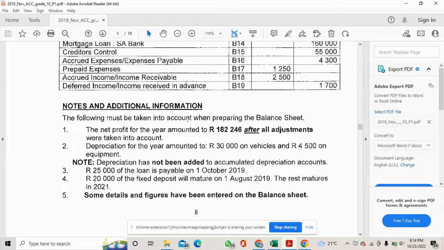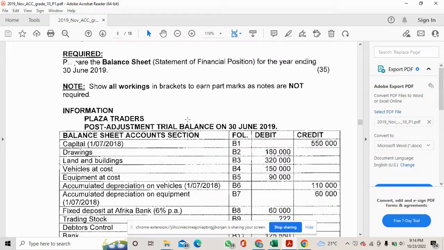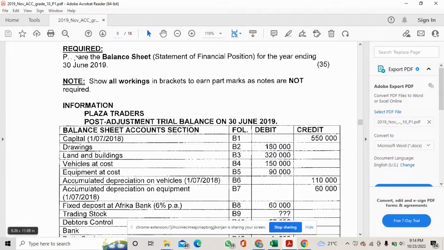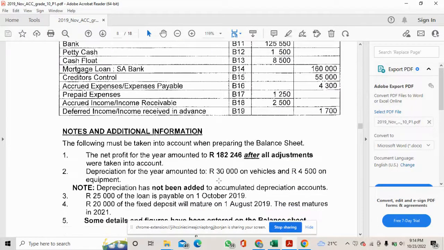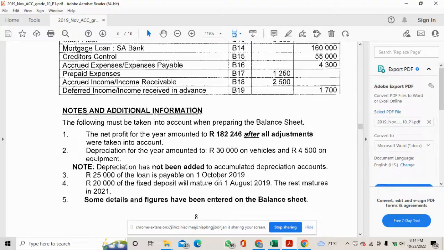Note that depreciation has not been added to the accumulated depreciation account. You can see here that our accumulated depreciation on vehicles is dated the 1st of July 2018, which is the beginning of our financial year, meaning that the depreciation for the current year was not taken into account.